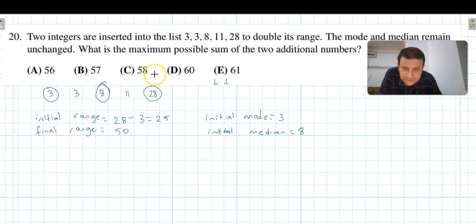The other number is 53. If I add another 3, 3 will repeat 3 times, but it is still the most repeated, so nothing changes. With 53 and 3, the mode will be the same, the median will be the same, and the range will be doubled, which means 50.